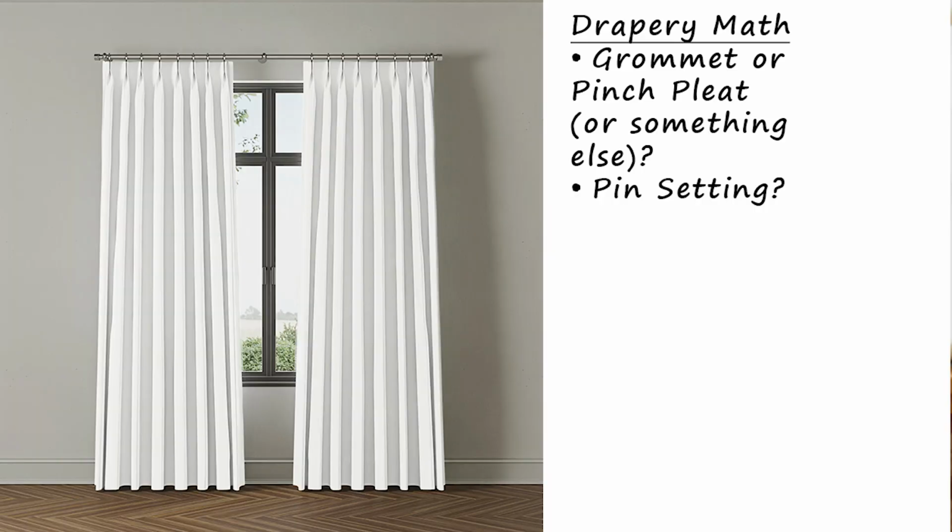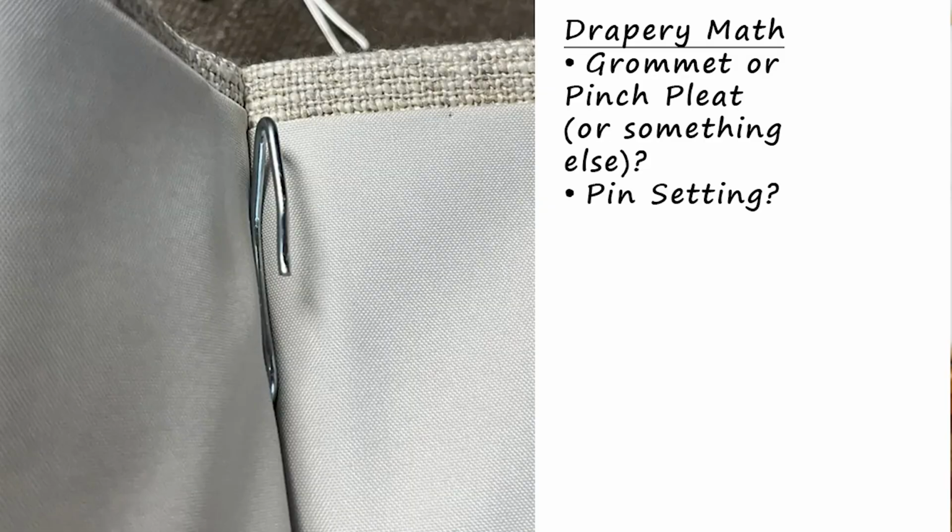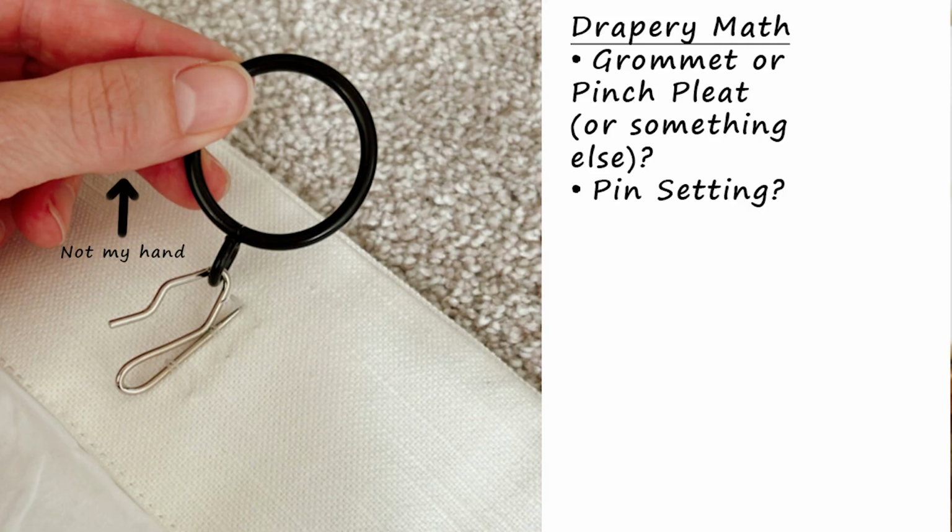Back to our math. What about your pin setting? What's a pin setting? I'm glad you asked. Drapery pins on a pinch pleat drape, like what we've been using for our example, sit on the back of the drape behind the pleat. They have a pin that sticks up into the material and a hook on the other side that will slide into a carrier attached to the rod. The carrier may be a small plastic piece or a ring. The ring is what we have in our example, and that's primarily used for decorative drapery, not traversing, but that's another topic for another time.